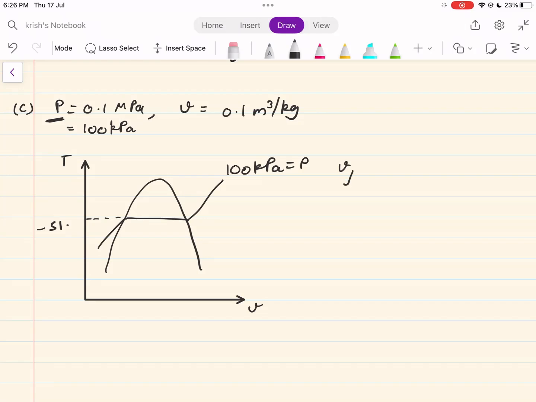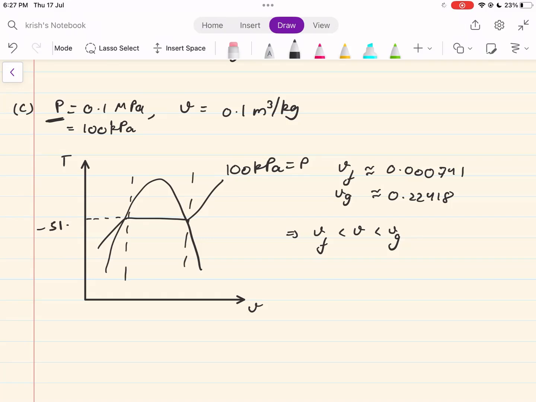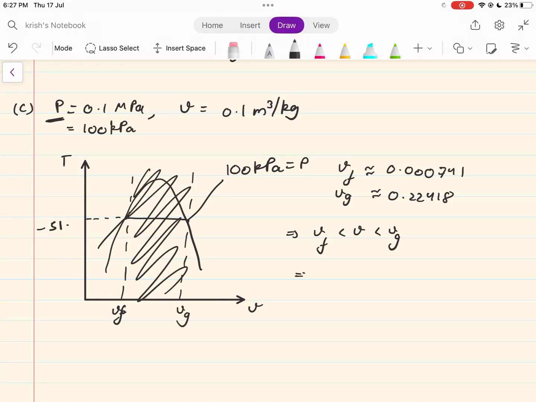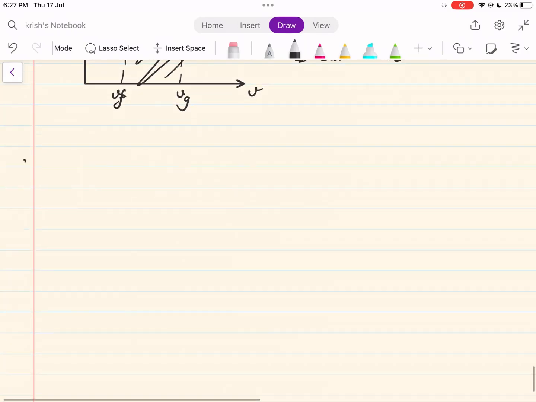So our Vf is approximately, because we're not using exact values, we're not interpolating, we're using the 101 kilopascal values, 0.000741, and a Vg will come out to be 0.22418. Again, as Vf is less than Vg. So that means, remember, this point is Vf and this point is Vg. So it is in this region, which implies saturated mixture.